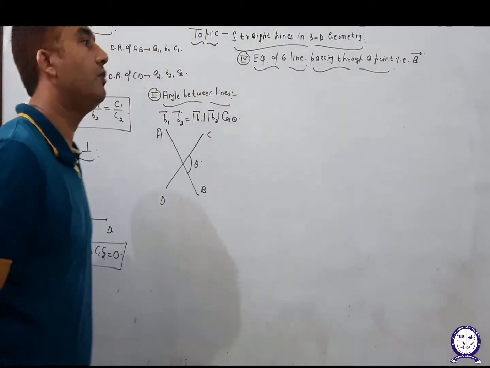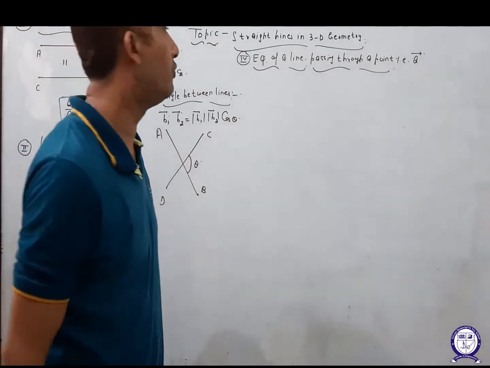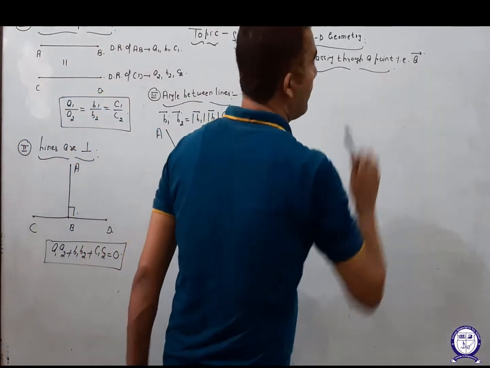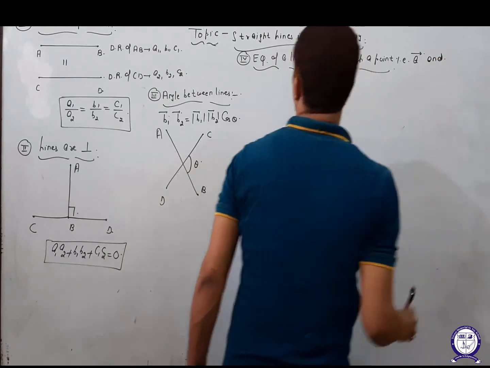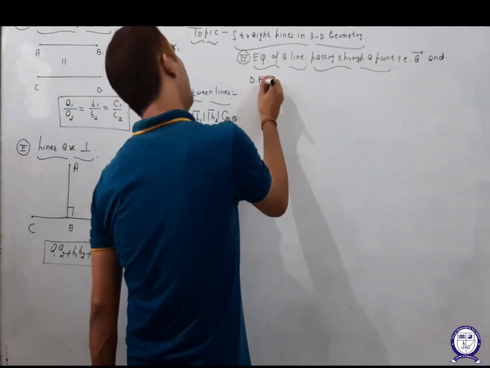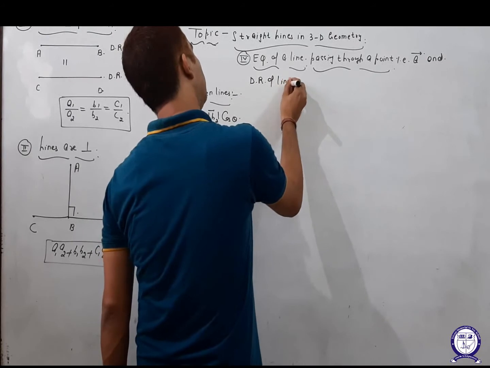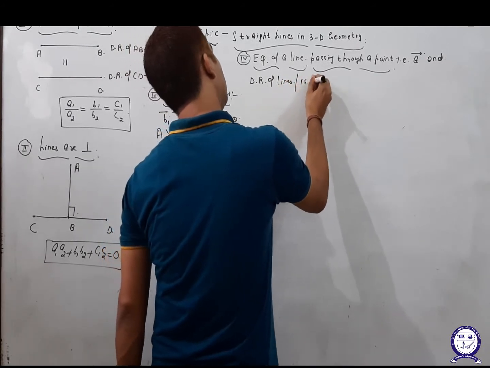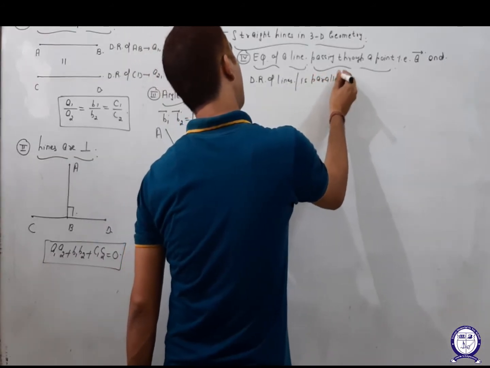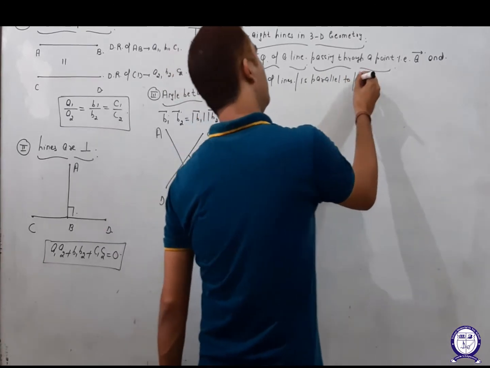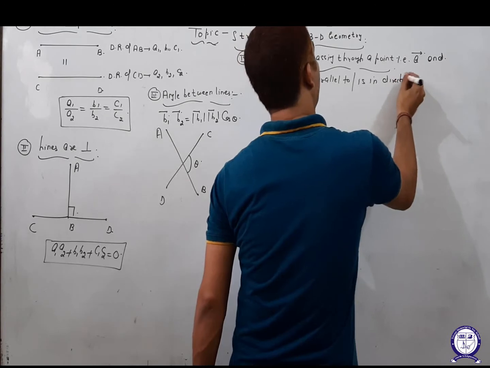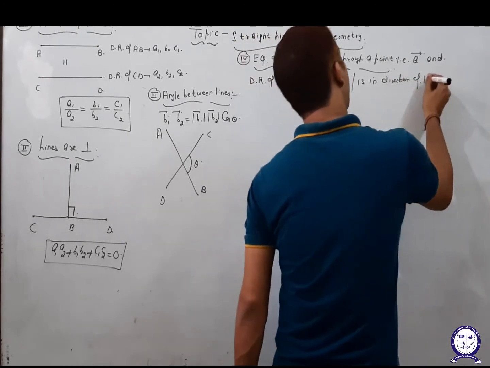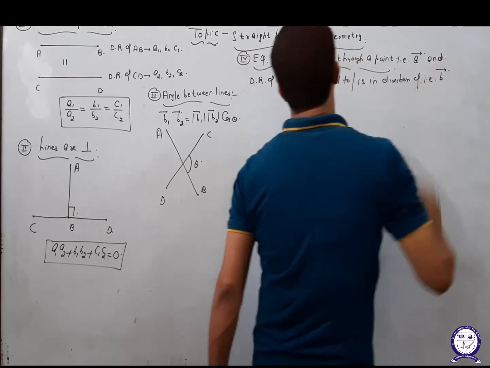And second, you need value of direction ratio. Equation of a line passing through a point, and word is and, direction ratio of lines, or is parallel to, is in direction of, represented by that is B vector.